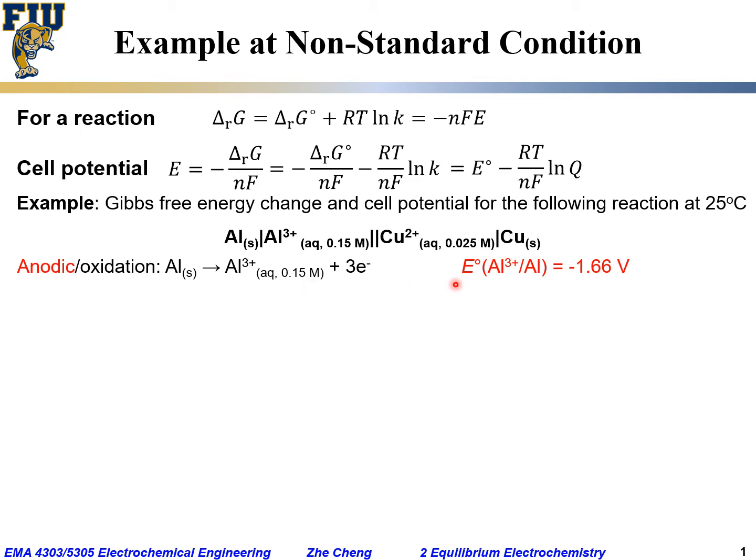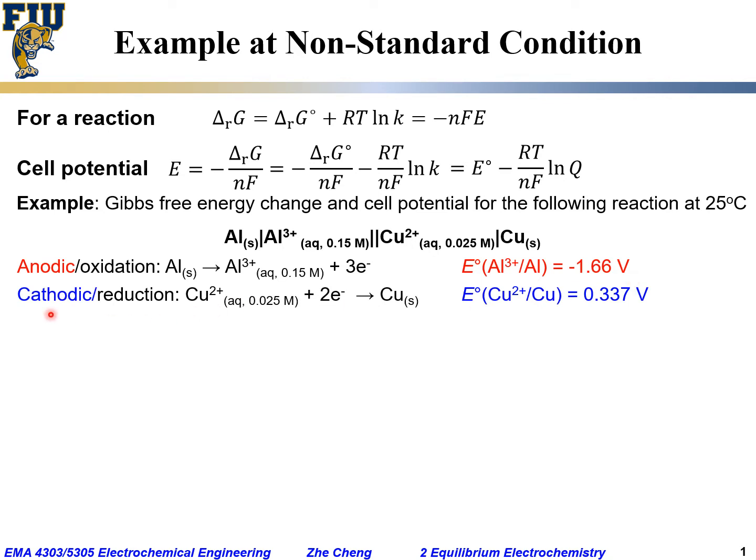E0 means the standard electrode potential for this redox pair, aluminum 3+/aluminum metal, and for this half cell reaction it would be minus 1.66 volt. Again, this is against SHE, or standard hydrogen electrode.